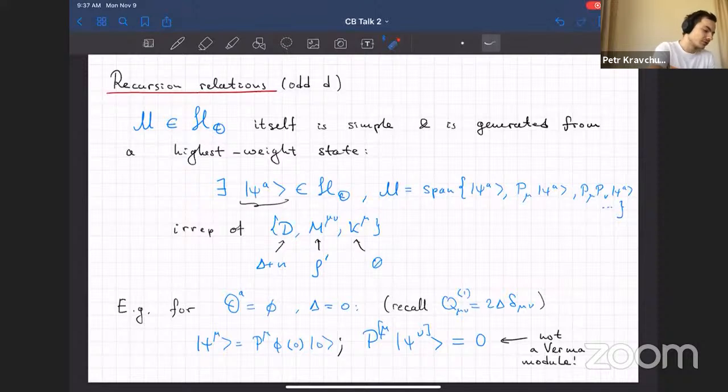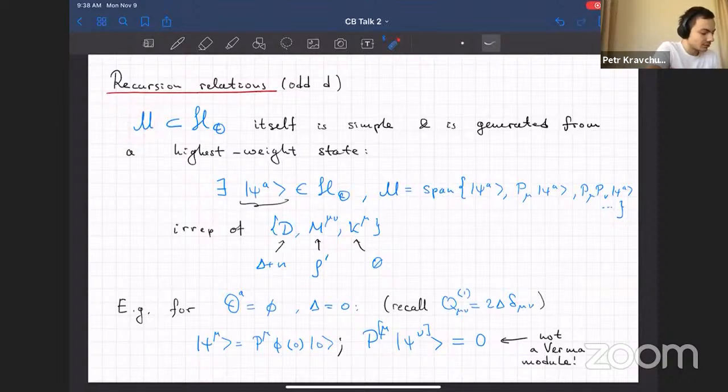In odd dimensions, the picture is very simple. We have our representation HO, and we find that conformal blocks have a pole when there is a non-trivial submodule, and vice versa. When there is a non-trivial submodule, we can show that the pole must appear.